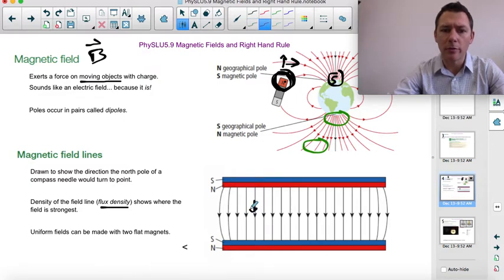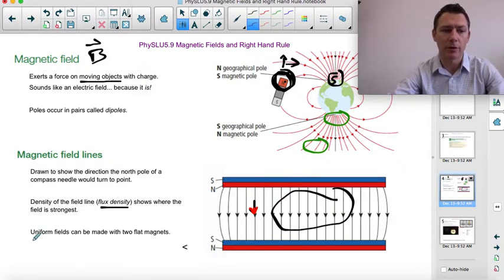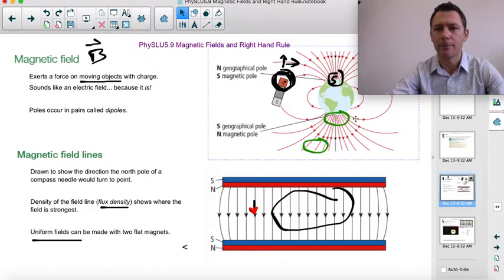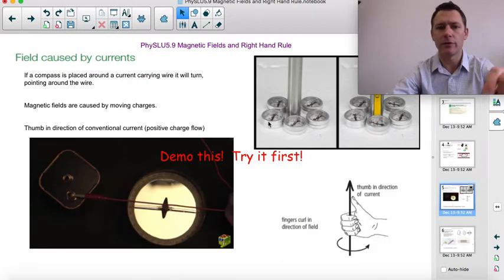With the north part being drawn towards the south magnetic pole of this one, and vice versa. And so this is actually a useful space with an even magnetic field. So we can do a lot of things with them. They're called uniform fields, and they're actually useful, where this is not that useful, or maybe not as useful.